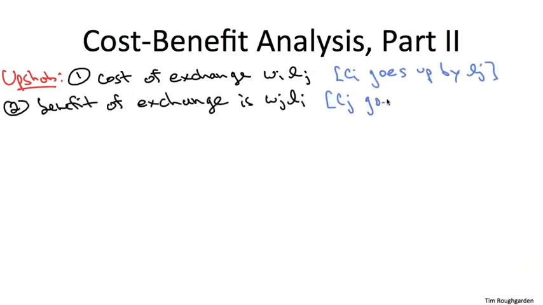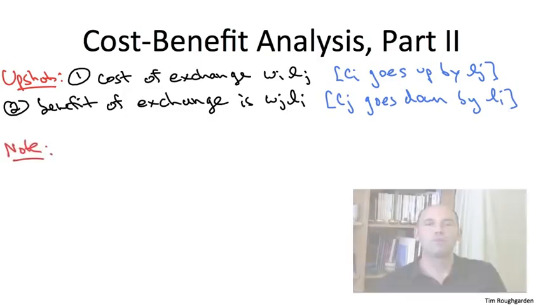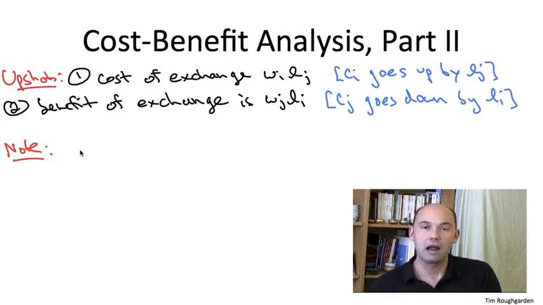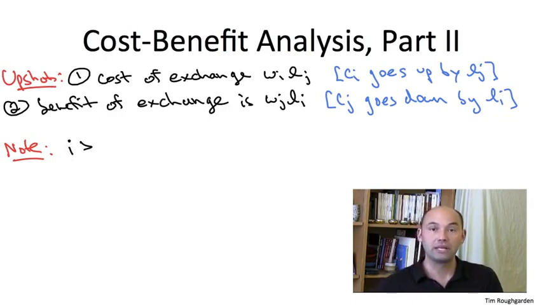Similarly, the benefit of the exchange is the drop of Li in j's completion time, and that gets multiplied by its weight of wj. So now finally we're at the point where we can use the fact that this purportedly optimal schedule sigma star schedules i and j in some sense incorrectly, with the higher index job first, despite it having a lower ratio, in contrast to the principles followed by our greedy algorithm.